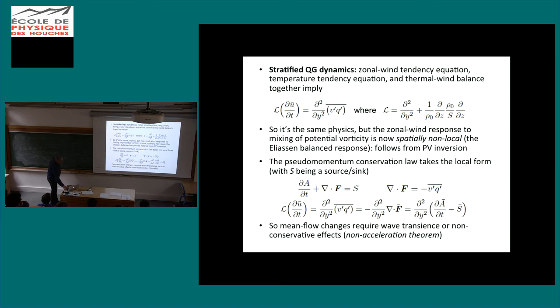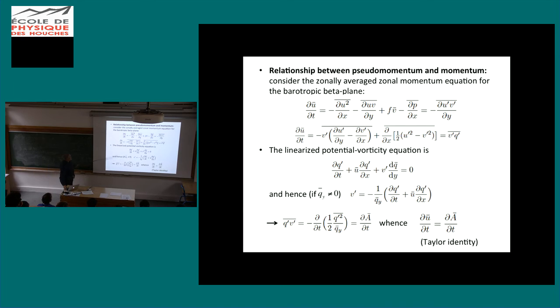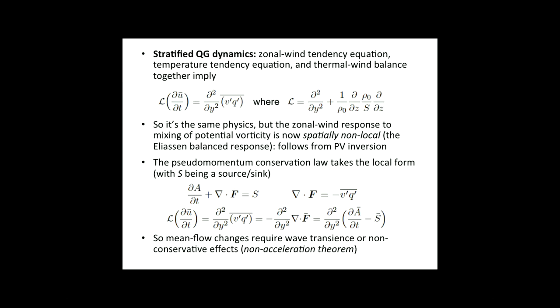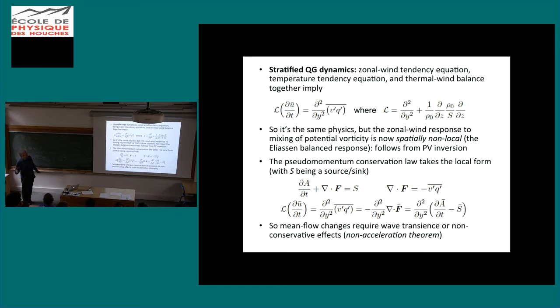So this was a very simple equation: du dt is just v prime q prime. In the stratified case, you get something a little more complicated, but actually not that much more complicated. You get this operator here, which is an elliptic operator. S is a static stability, rho naught the density.